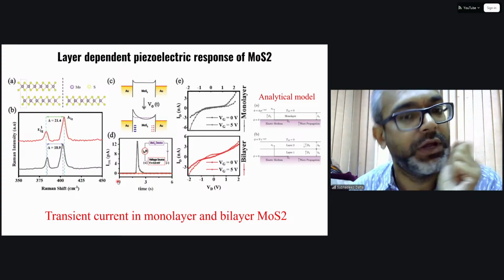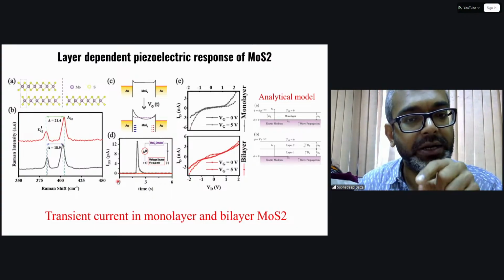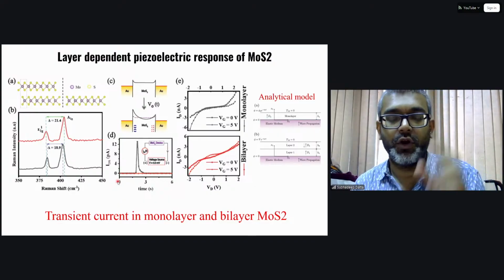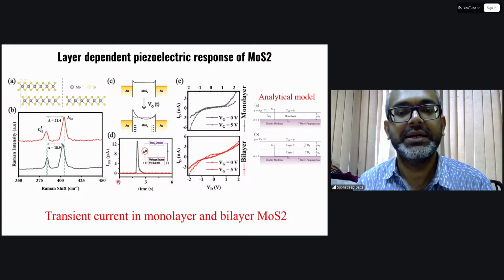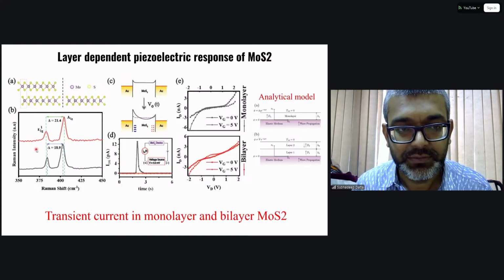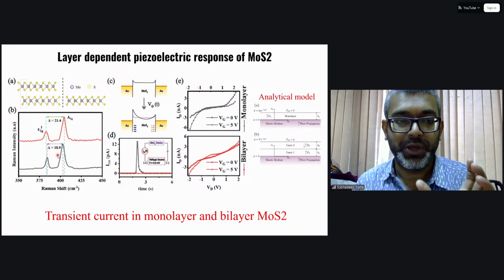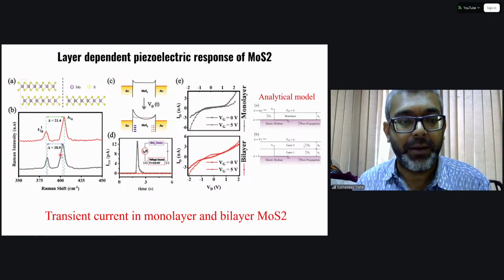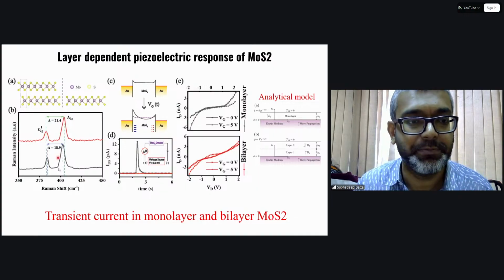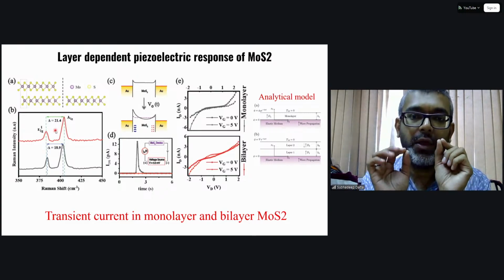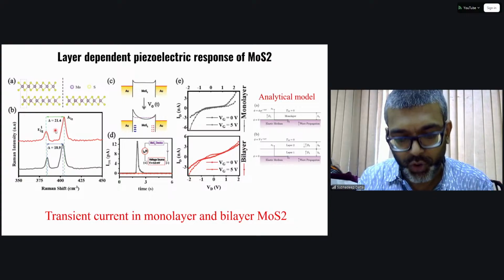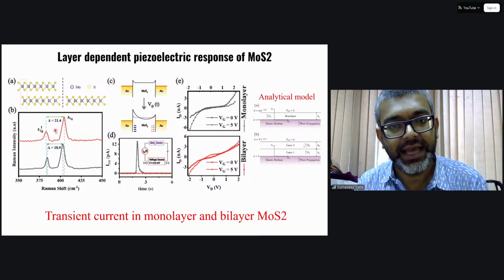Now we know what we are doing, because we can do Raman to check the circuit from where we are measuring. So from the circuit we are measuring, we know this is the monolayer or the bilayer from Raman, because for monolayer and bilayer, the separation between two characteristic Raman peaks is different. So it's very deterministic. Whenever you are sure about monolayer and bilayer, you create circuits and do the experiment.